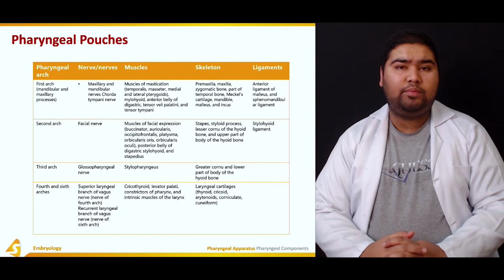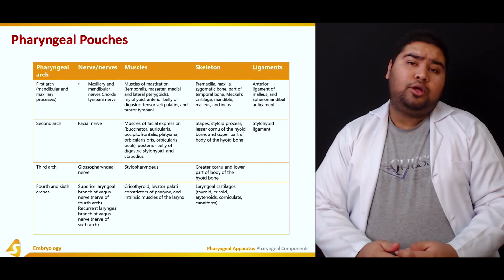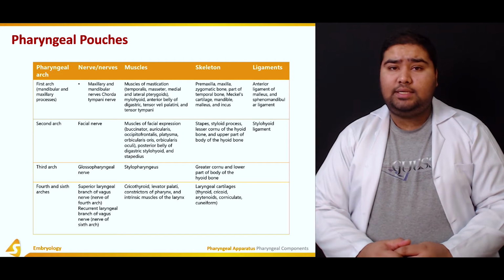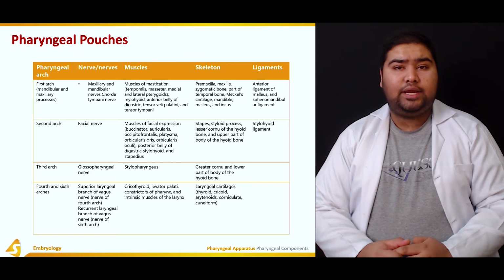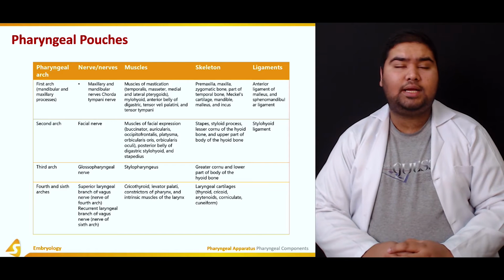The skeletal components that are given off are the laryngeal cartilages, which include the thyroid cartilage, the cricoid cartilage, the arytenoid cartilage, the corniculate cartilage, and the cuneiform cartilage, the 5 important cartilages.